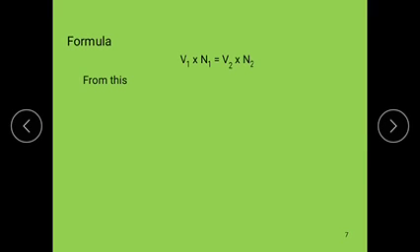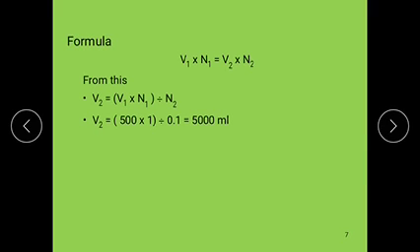When we substitute those values in this equation, we get V2 equal to V1 into N1 divided by N2. This equals 500 into 1 divided by 0.1, then we get 5000 ml.